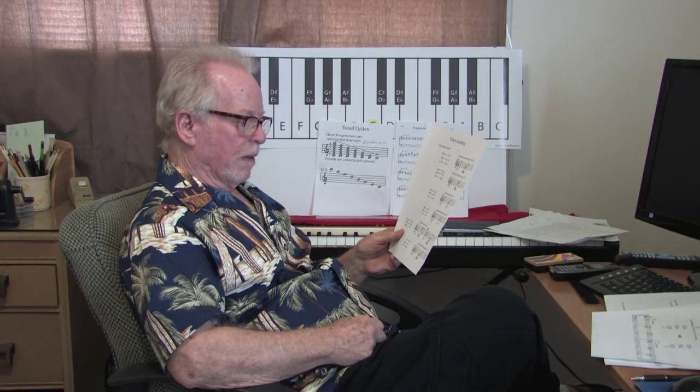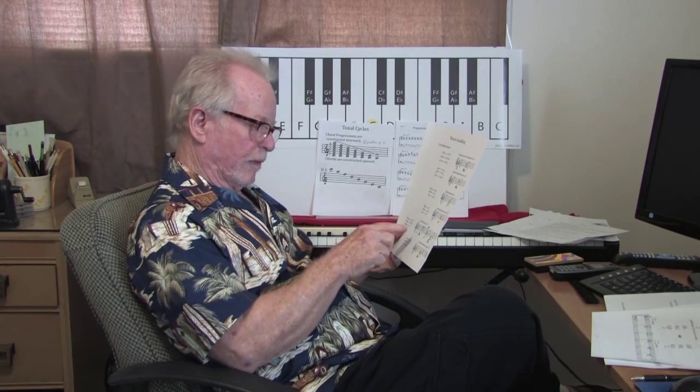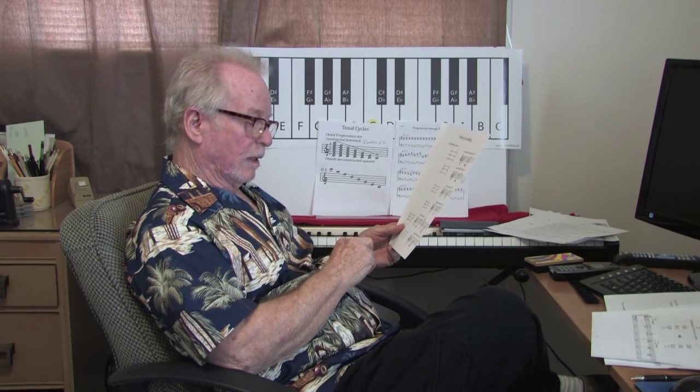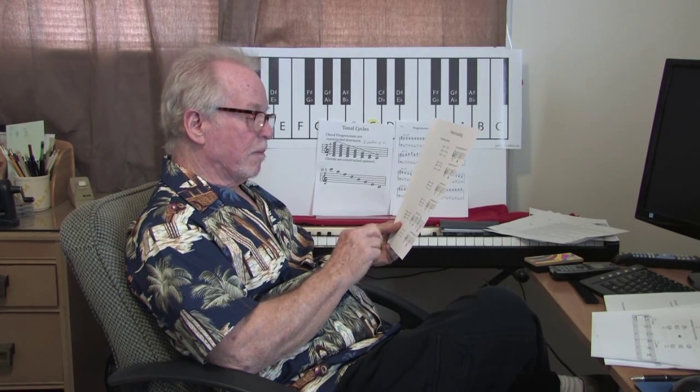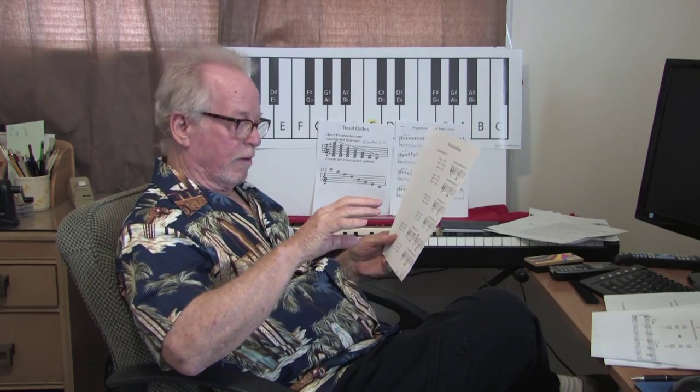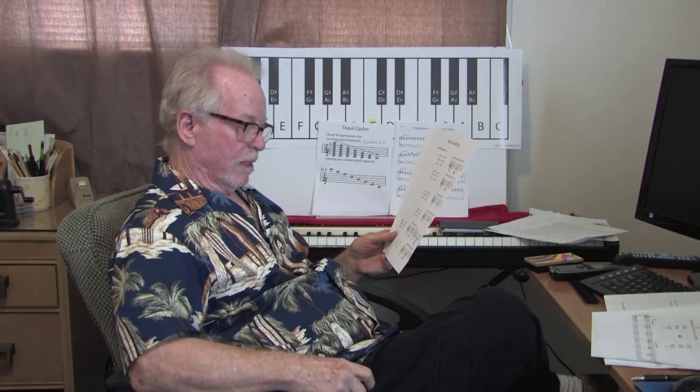Then let's go on to tonal cycle 3, C7. There's two ways you can do it. And you'll see that in the illustration as we point that out. On the clockwise, you have big leaps from one chord to the next.